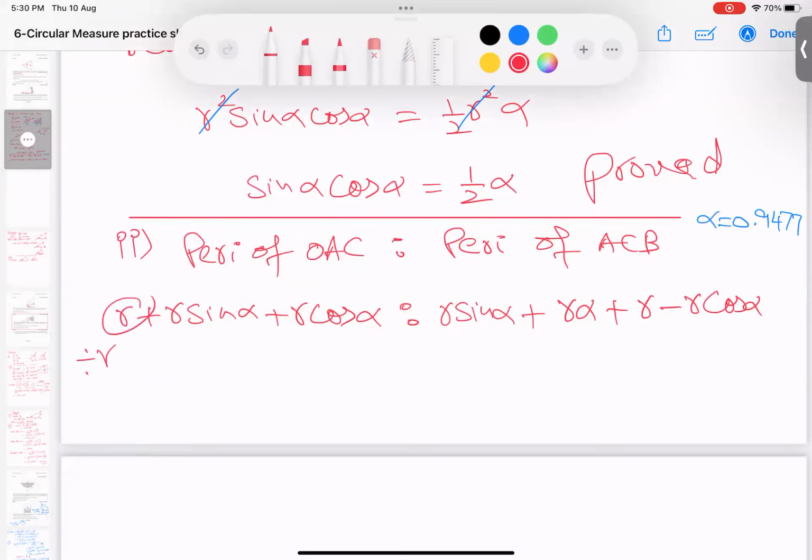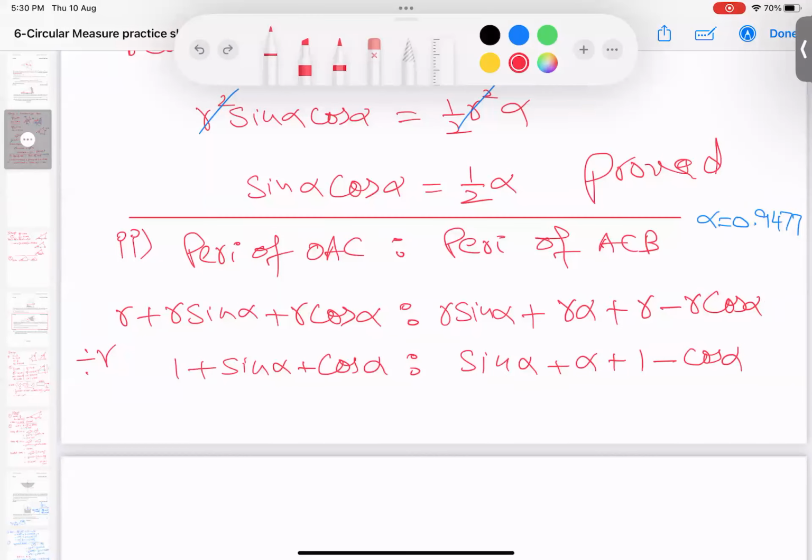So here I get a 1. I get 1 plus sine alpha plus cos alpha, ratio sine alpha plus 1 minus cos alpha. And now I'm going to replace every alpha with that and let's see what happens.